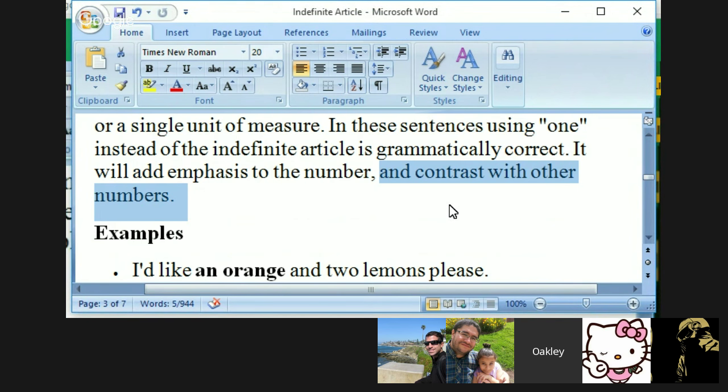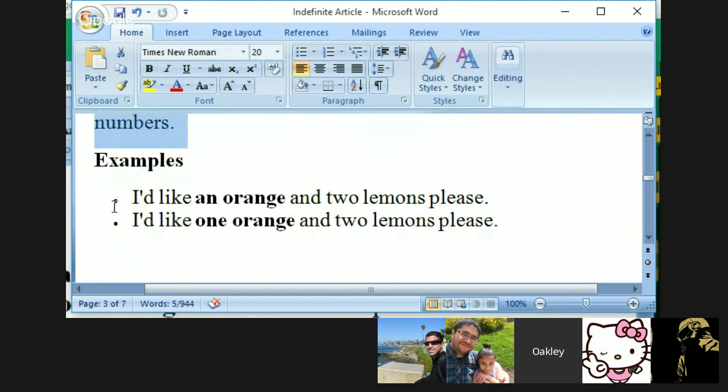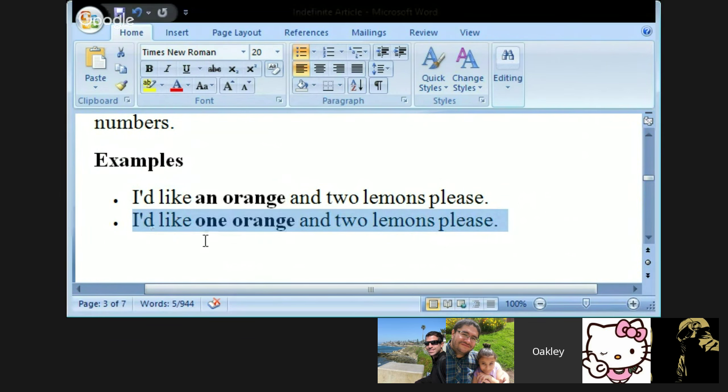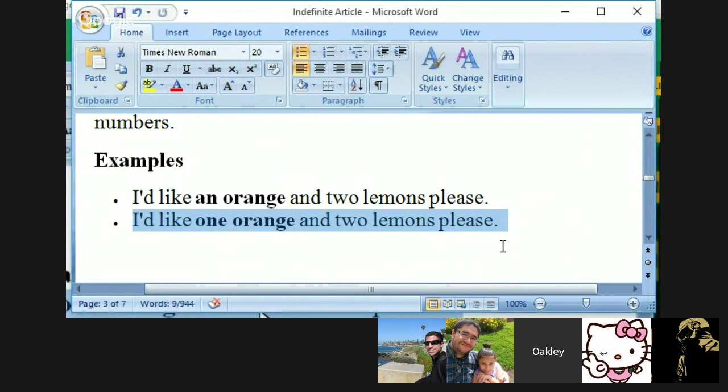So as an example here, if you just wanted one orange, it would be very normal to say, I'd like an orange, and that's it. However, in the second sentence, it's pretty normal to say one if you're contrasting with some other number of things. Even if it's one, I'd like one orange and one lemon, please.